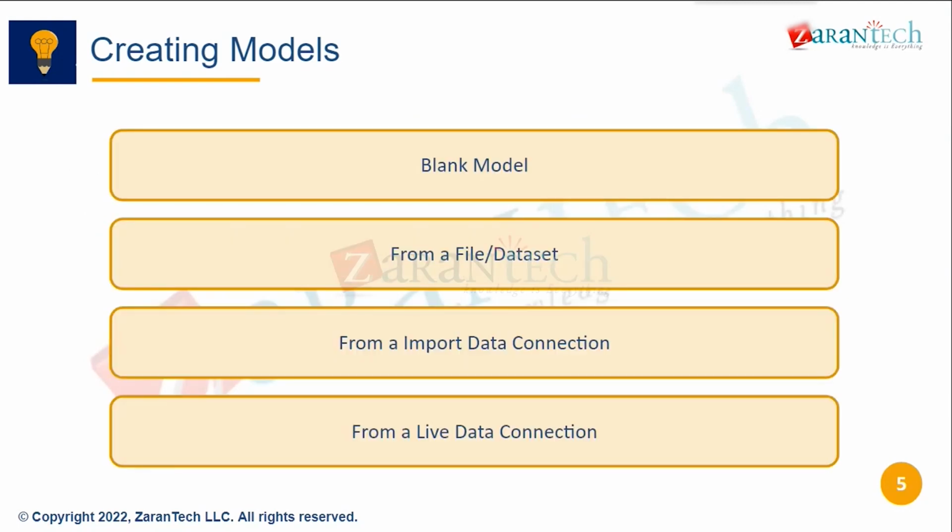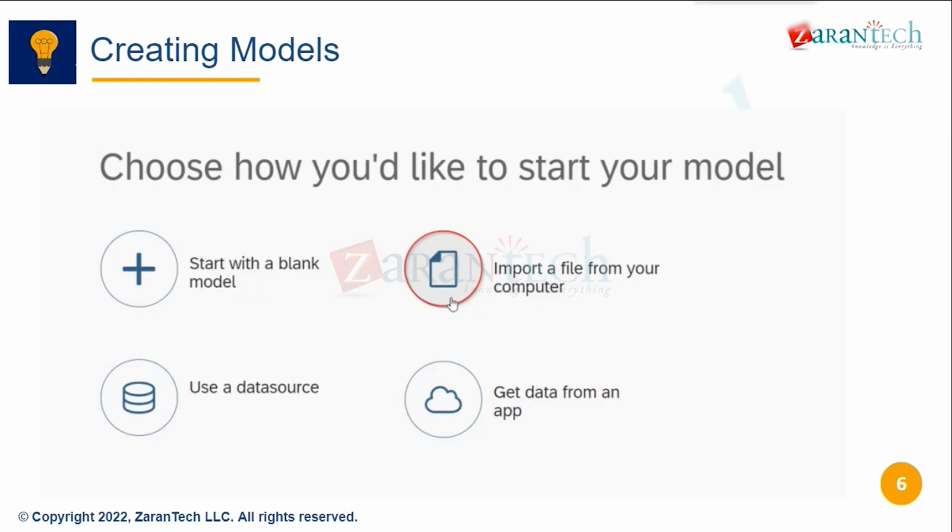You can create from a blank model, from a file or data sets, from an import connection, or from a live data connection. These are the four ways. Now, when you want to create a model, this is a little bit of a primitive scheme, as it used to look like this in earlier releases. You can import a file into a computer and start creating a model.